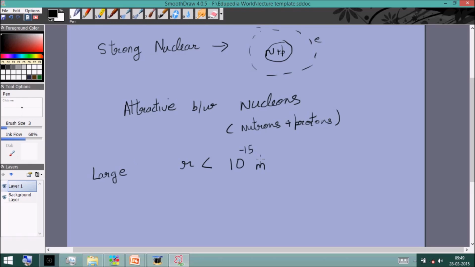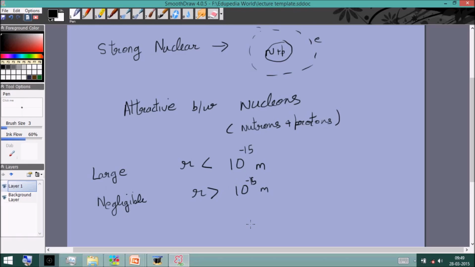And a nucleus generally has a size of the order of 10 to the power minus 15 meters. So once two protons or two neutrons or a proton and a neutron come together that close, the strong nuclear force becomes overwhelmingly more dominant than the electromagnetic repulsion between two protons. And this is why a nucleus remains stable.